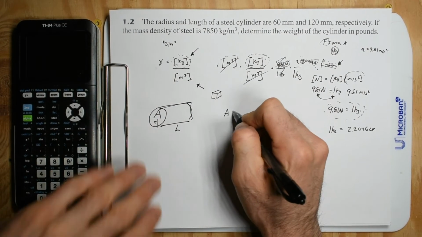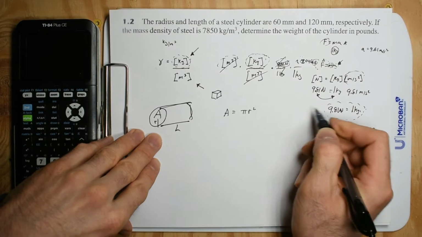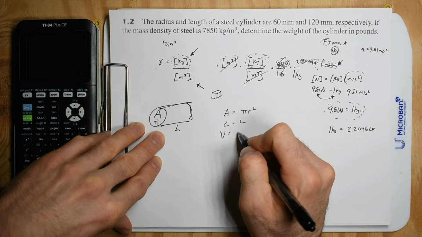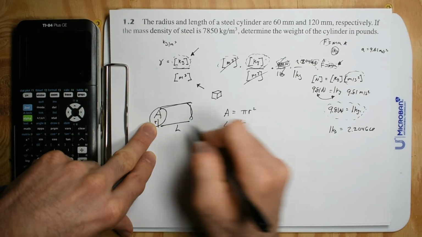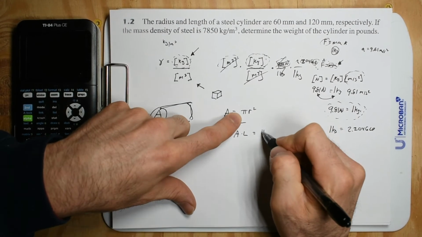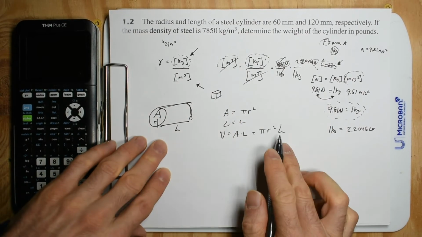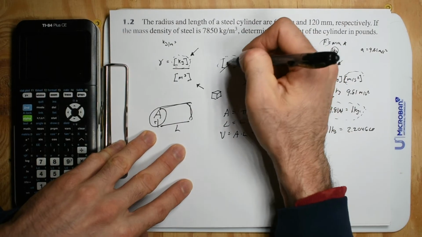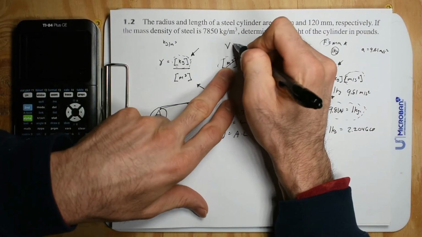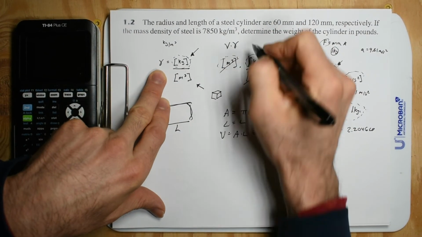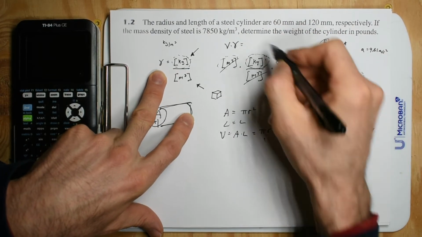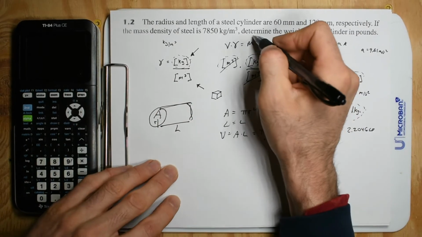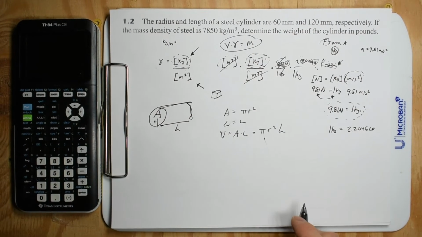The area of a circle is pi r squared, so the volume is pi r squared times L. And if you want to do this all in one shot, this says that if I have a volume and I multiply by the density, I'm going to get the mass. So we're basically going to solve that one first.